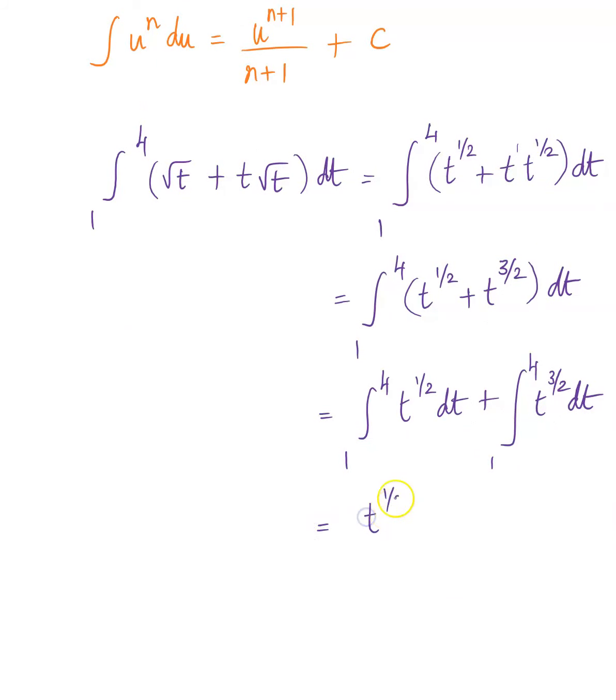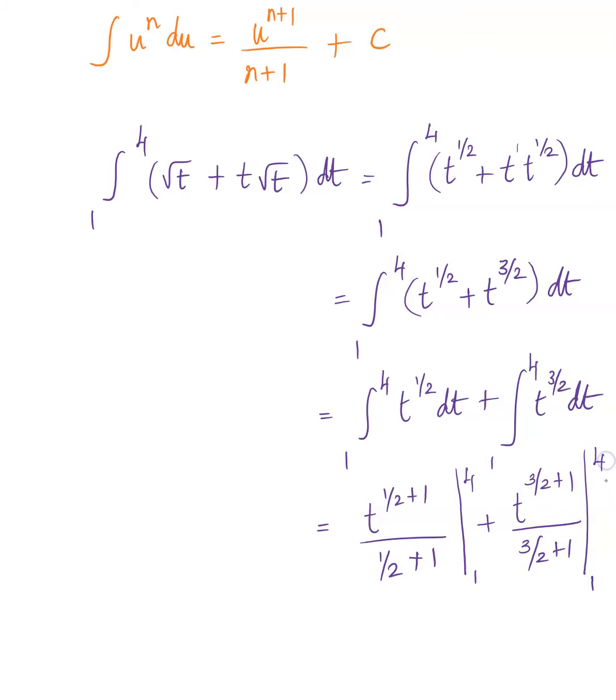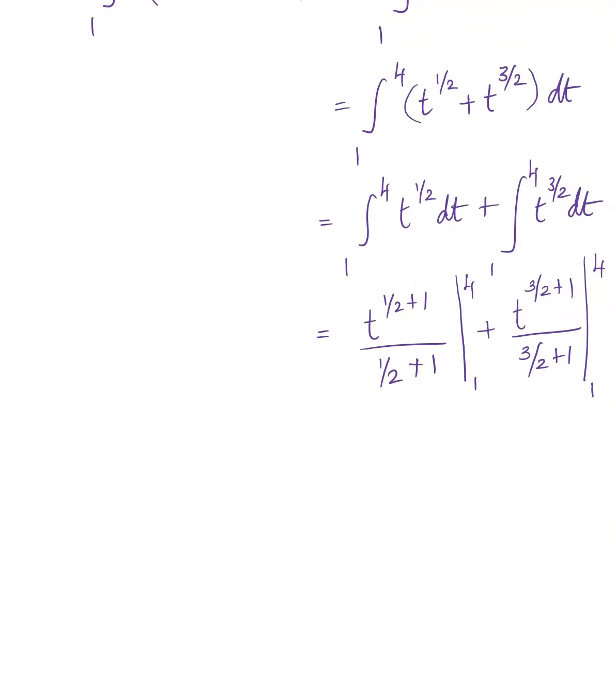So this is going to be t to the half plus 1 over half plus 1, and remember, we have the limits of integration, 1 to 4, plus t to the 3 over 2 plus 1 over 3 over 2 plus 1, again with limits of integration 1 to 4. When we do it in one shot, I prefer that because you don't have to iterate it twice. You just evaluate that one big expression. So again, in future I will not be splitting them up like this.